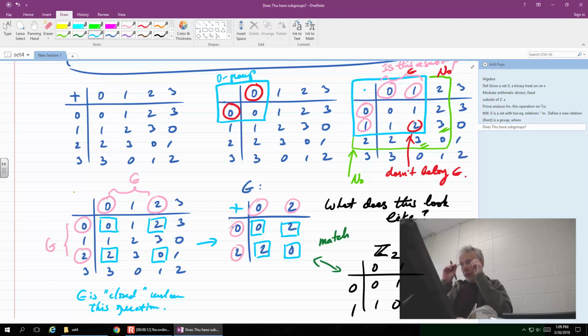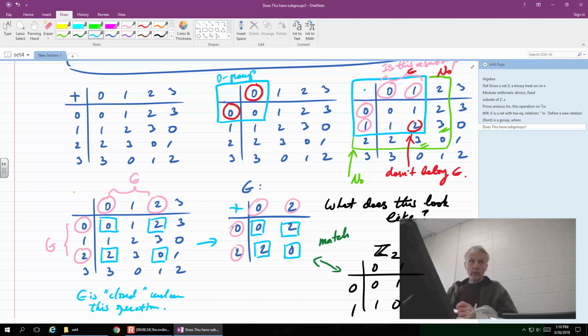And since all the axioms are satisfied for the bigger group, then they will be satisfied for the smaller group. Well, by that I meant commutativity and associativity. But there are other axioms to worry about.